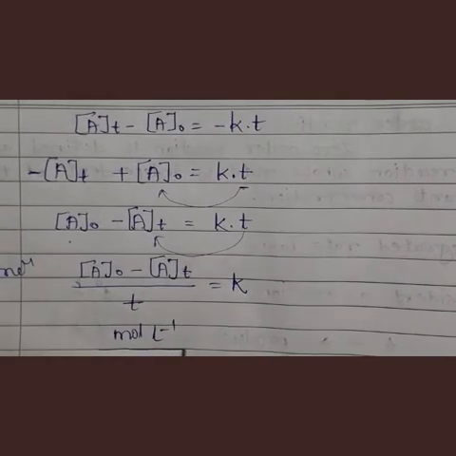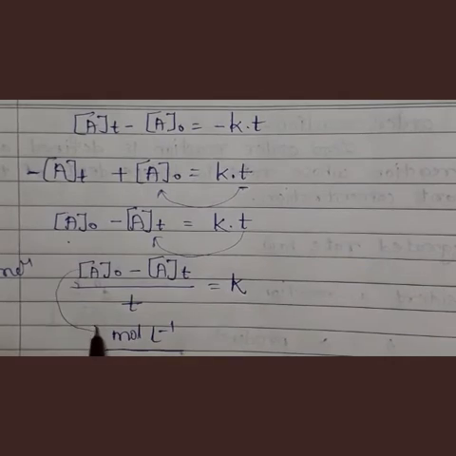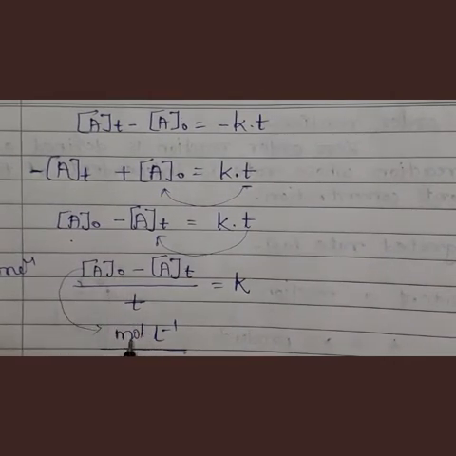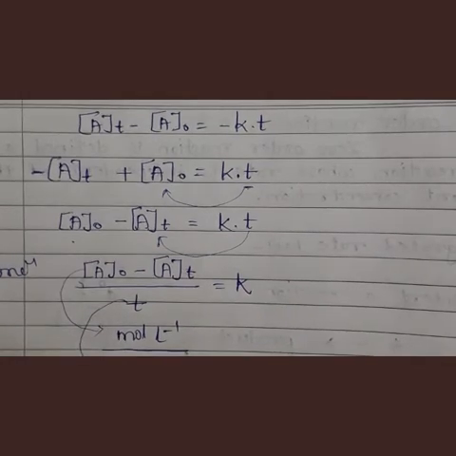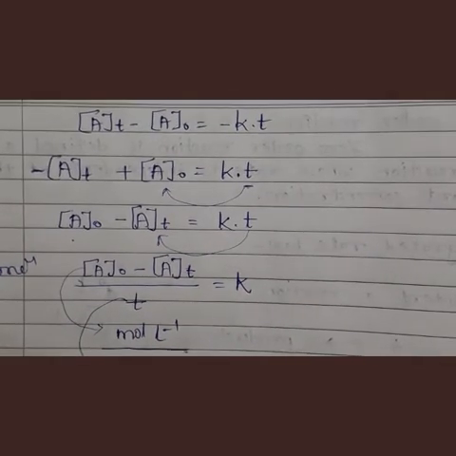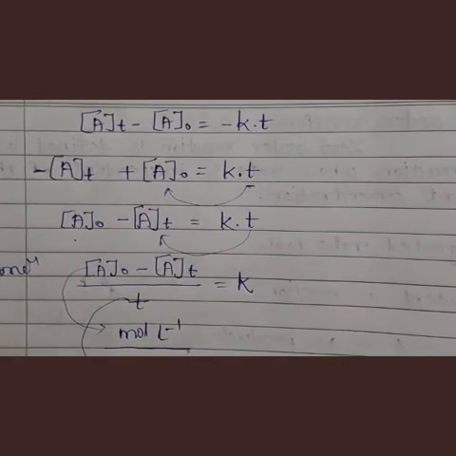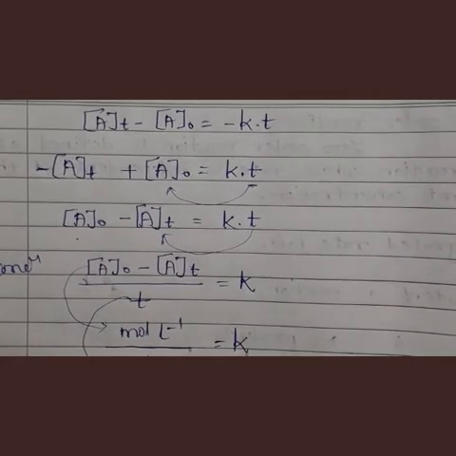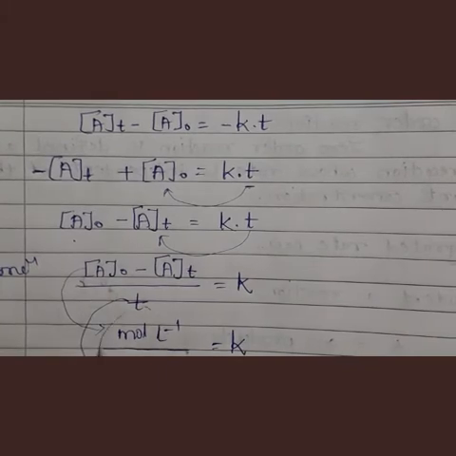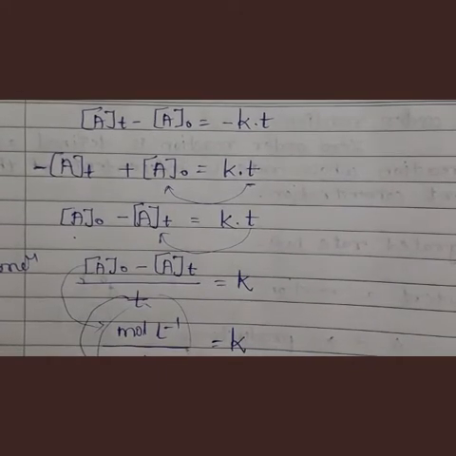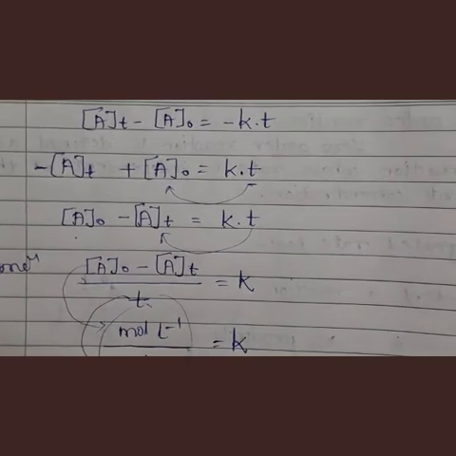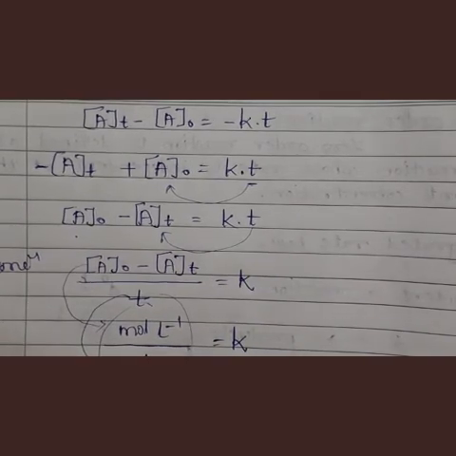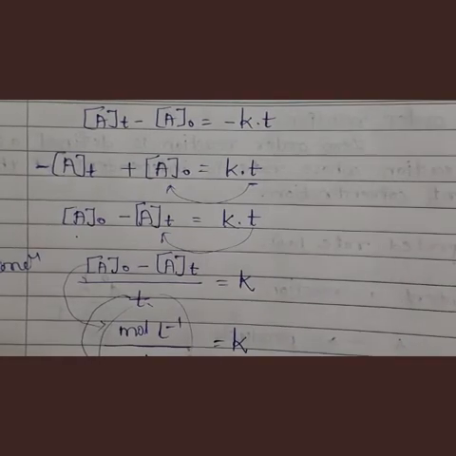Then divided by time. The unit of time I will just write t only. It can be taken in seconds, minutes or hours. So this is the unit of rate constant for zero order reaction, which can be written as mole per liter or moles per dm cube per time, or time inverse, in this way.